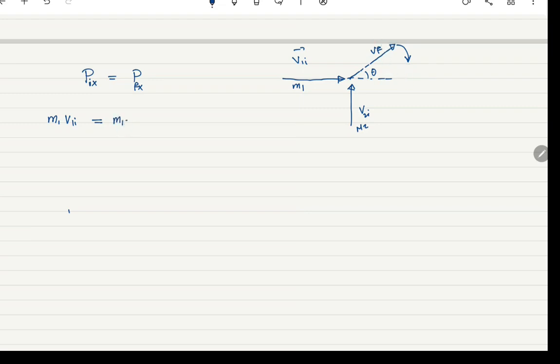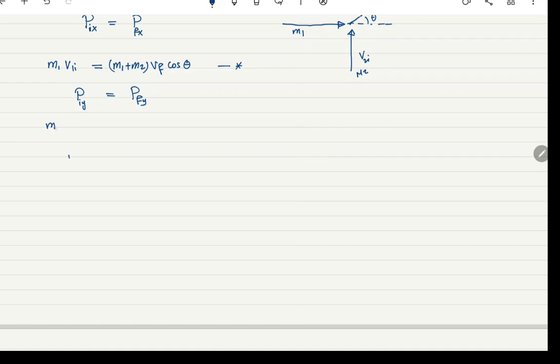So m1 plus m2 times v final cosine theta. Remember, the one with the angle takes the cosine. Okay, so this is the first equation. Now, on y, momentum is also conserved. So p initial y equal to p final y. So m2 v2 initial equal to m1 plus m2 times v final sine theta. This is equation number 2.